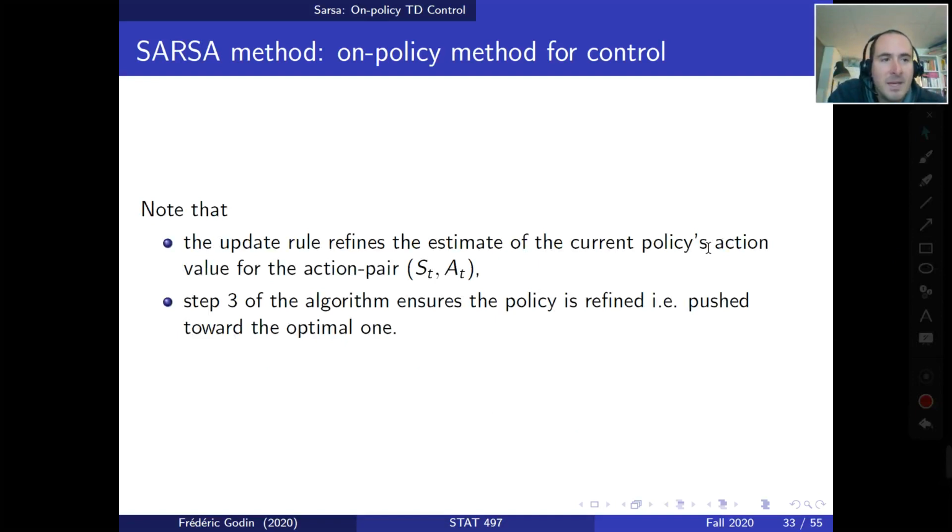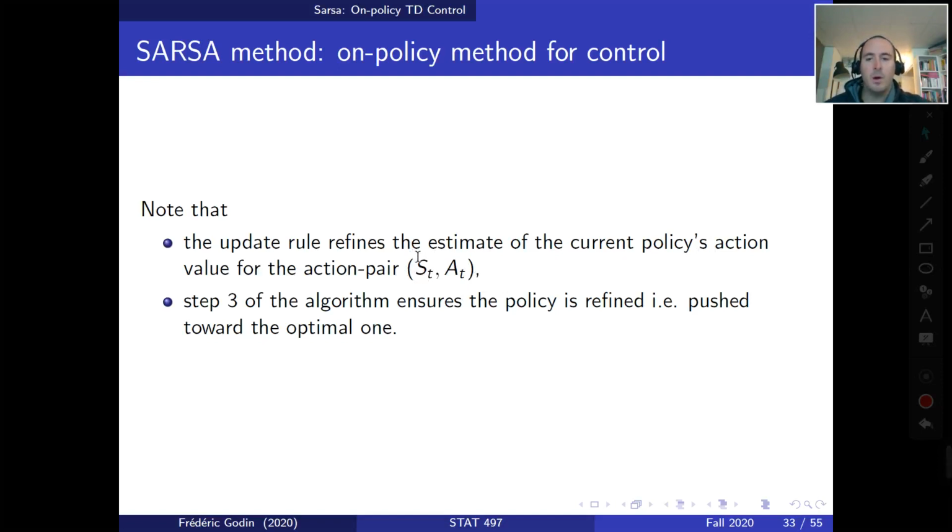So throughout the SARSA algorithm, on every time step, we generate a new state action pair based on the previous rule to select the action, and based on the new state action pair generated, we can update the estimate of the action value function of the state action pair from the previous time step t.